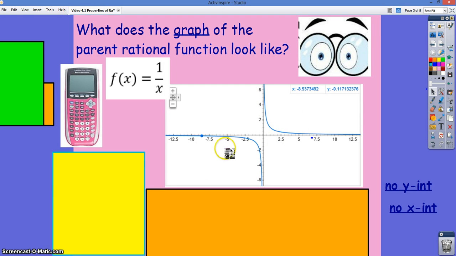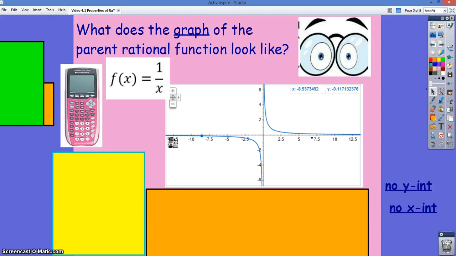Now, what are some things that you notice about this graph? Hopefully, you see that to the left here, the graph looks like it's getting closer and closer to that x-axis. In fact, it looks like the graph is actually touching the x-axis as x approaches negative infinity.